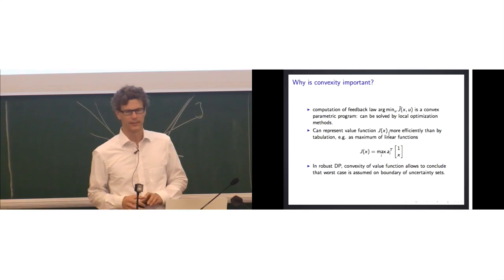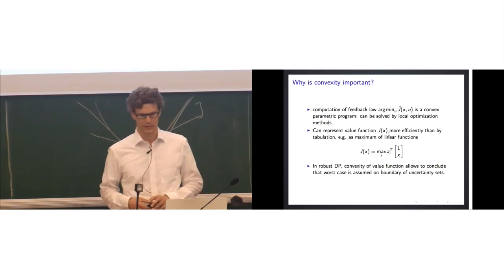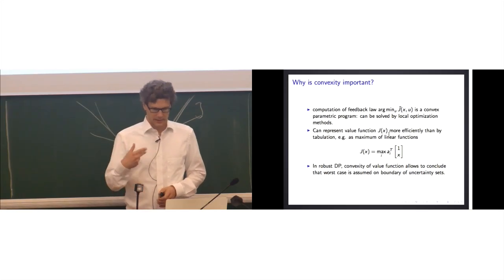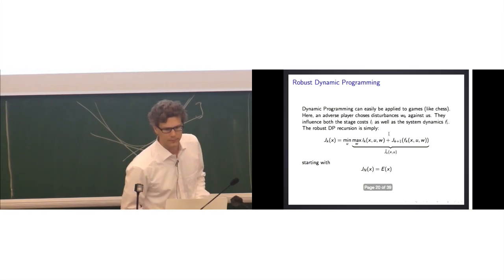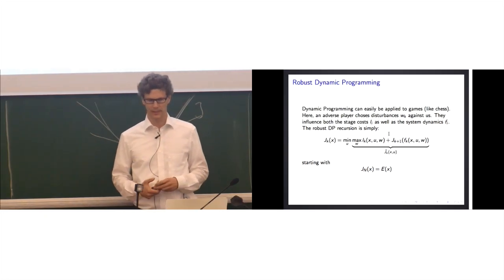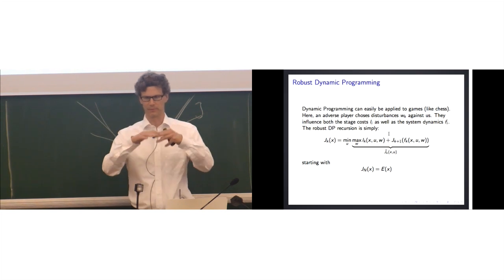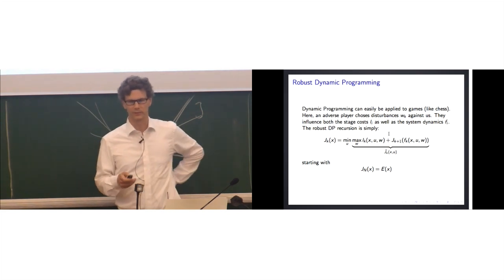And then in robust dynamic programming, there's another advantage of having convexity of the value function. If you look back at what we do in robust DP here, you have this maximization problem in W. If you imagine that you maximize over a polytope or something like this, then the question is, where will this maximum be taken?